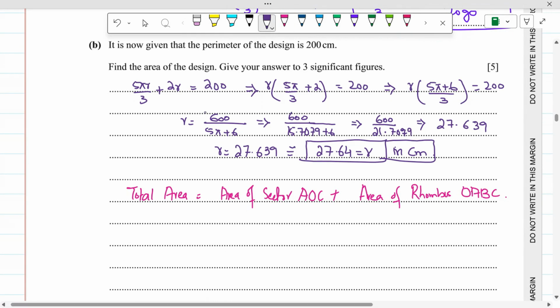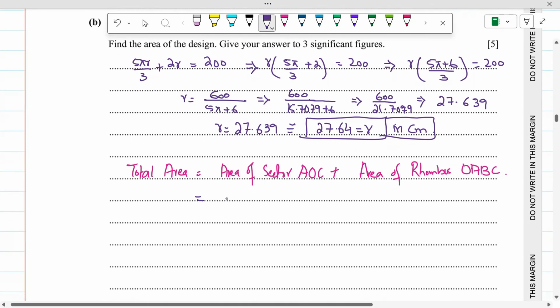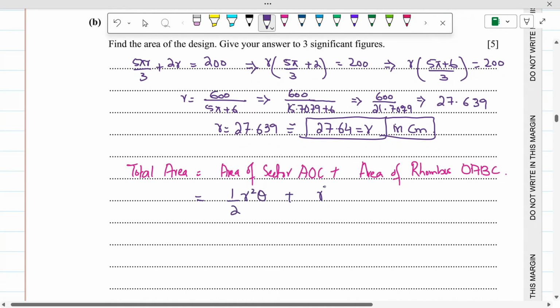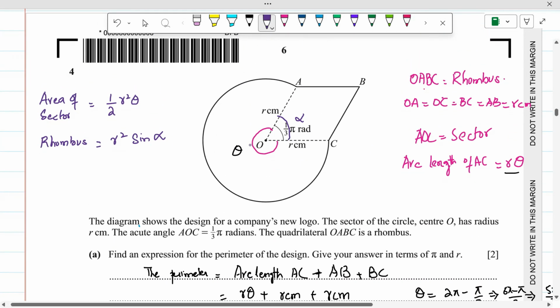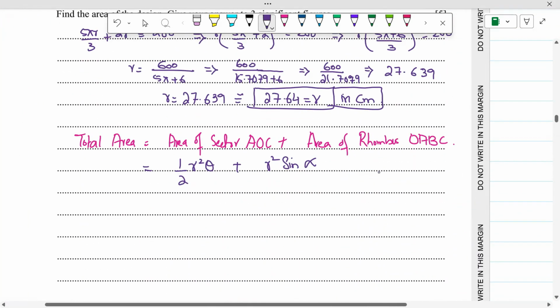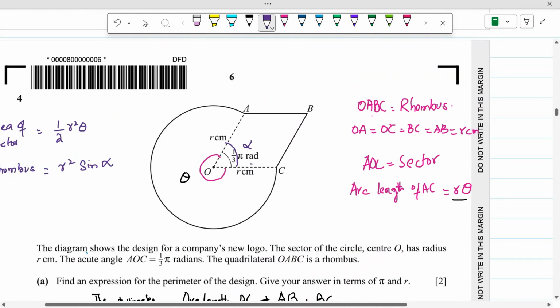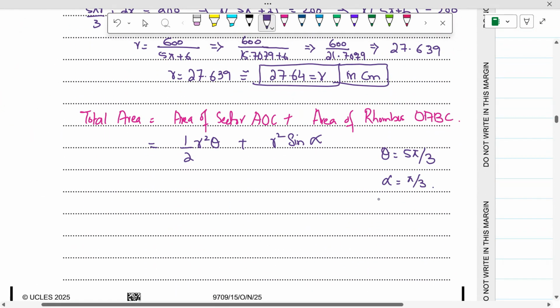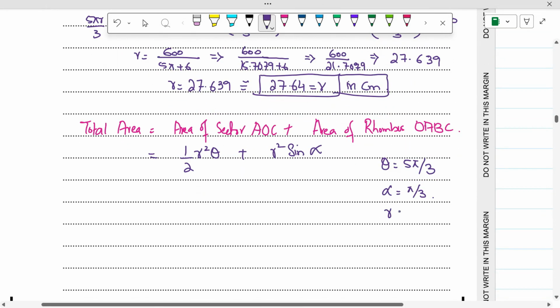We know that the area of the sector is 1 over 2 r squared theta, and the area of the rhombus is r squared sine of alpha. In this case, theta we calculated in part A, which was 5 pi by 3, and alpha is given, which is pi by 3. And the radius we calculated, r is equal to 27.64.